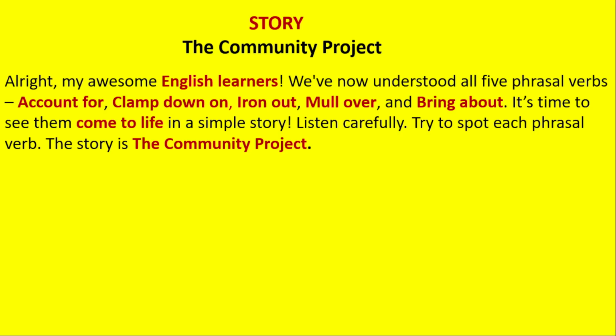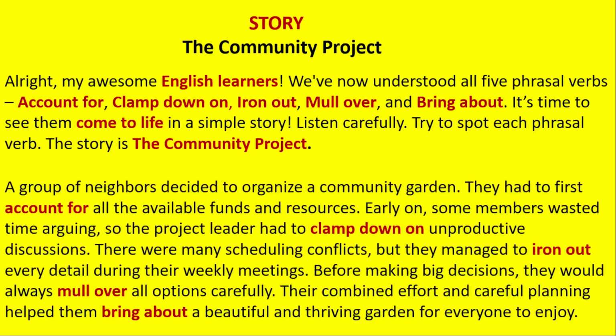The story is the community project. A group of neighbors decided to organize a community garden. They had to first account for all the available funds and resources. Early on, some members wasted time arguing, so the project leader had to clamp down on unproductive discussions.